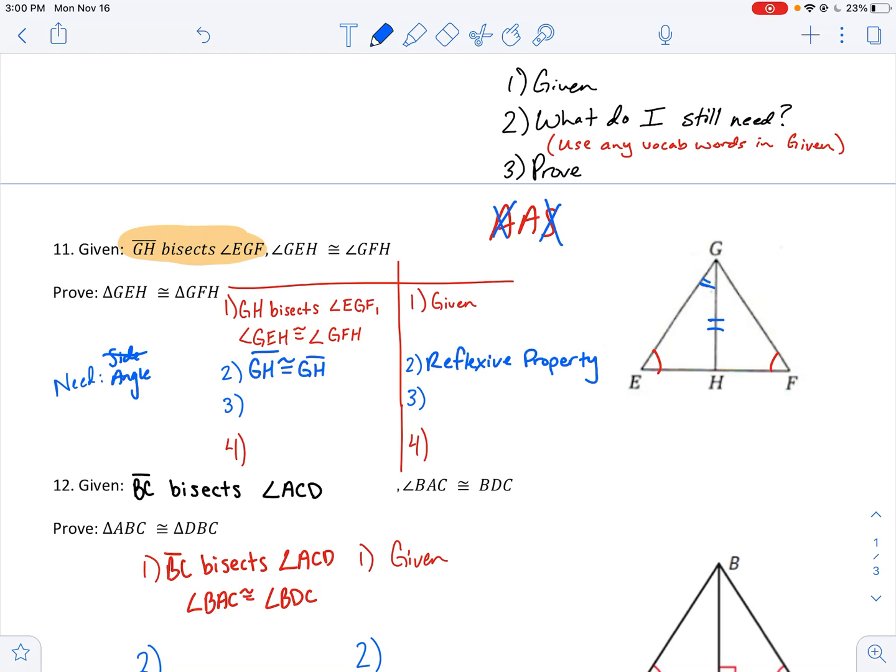So this EGH must be congruent to, it's congruent to FGH. Why? Because of the definition of bisector. What it means to bisect is to cut something into two equal pieces.